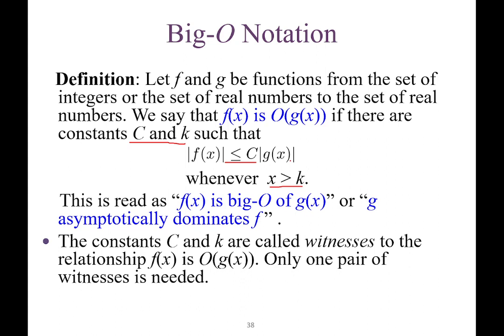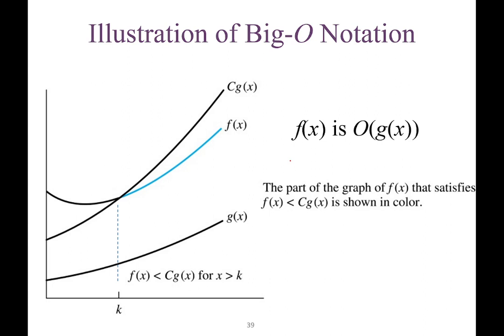Maybe we can use the following figure to see this phenomenon. We have f of x and g of x. So this is g of x, this is f of x. When we multiply g of x by c, the curve becomes this.